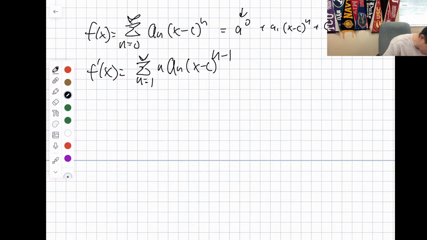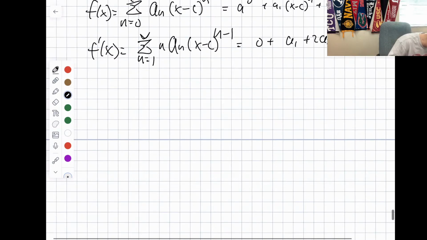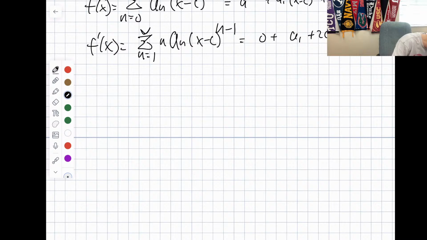So you start with a1 plus 2a2 times x minus c to the 1 plus 3a3 times x minus c to the 2. Okay, so that's why you start at the next term, because your first term got rid of it. It's a constant. Now you can also integrate both sides.